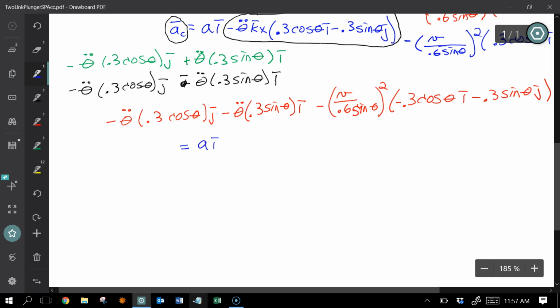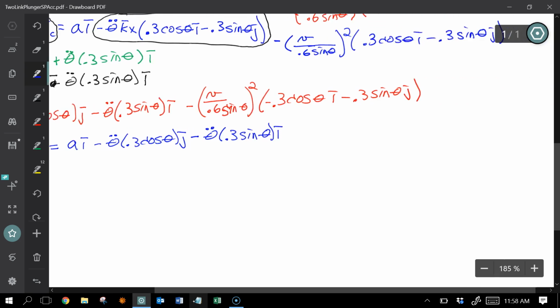The cross product is minus theta double dot times 0.3 cosine theta j minus theta double dot 0.3 sine theta i.